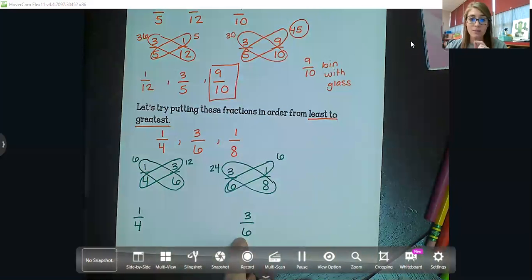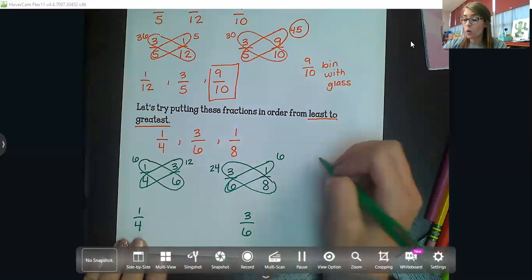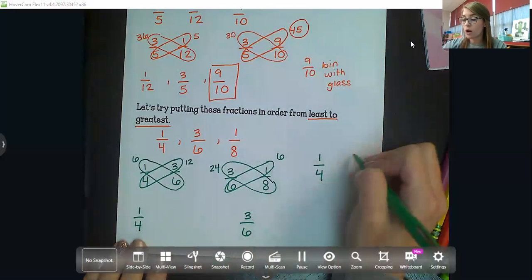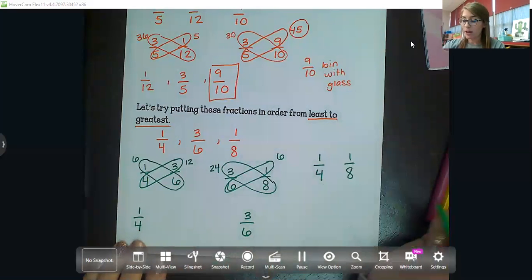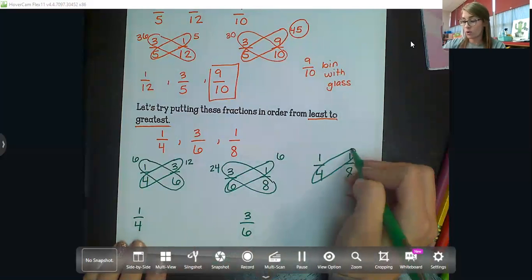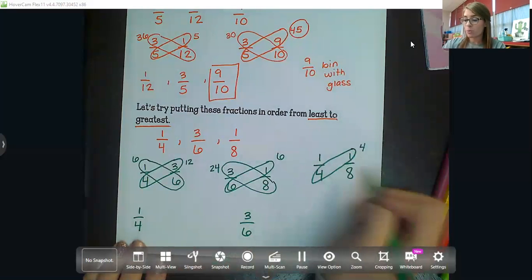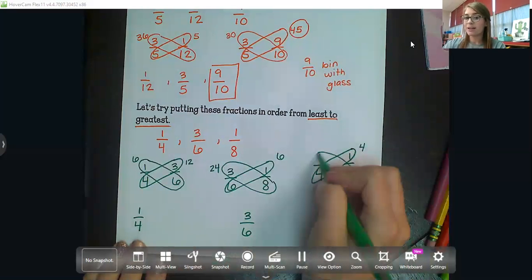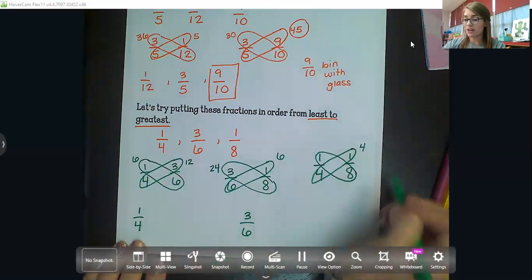Now, what I want to make sure of is that 1/4 is less than 1/8 or that 1/8 is less than 1/4. We need to make sure so that we can get them in the right order. So I'm going to go ahead and compare 1/4 to 1/8. Okay? 4 times 1 is 4. Very good. And 1 times 8 is 8. Very good.